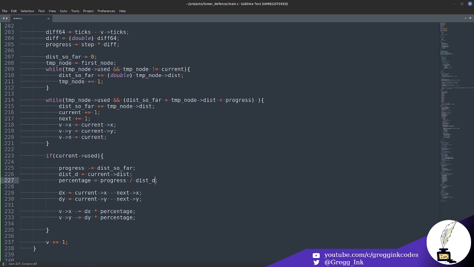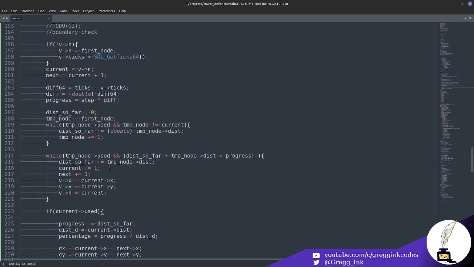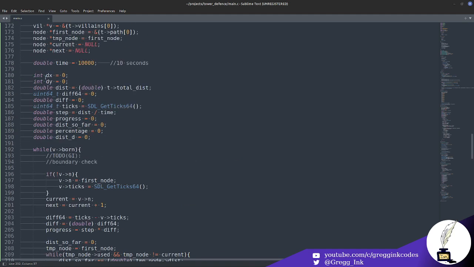But at some point I have to convert it back to int.